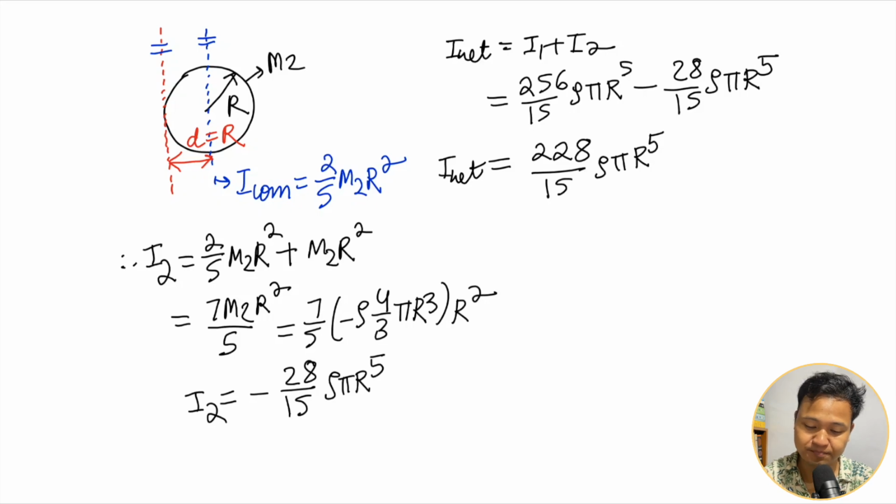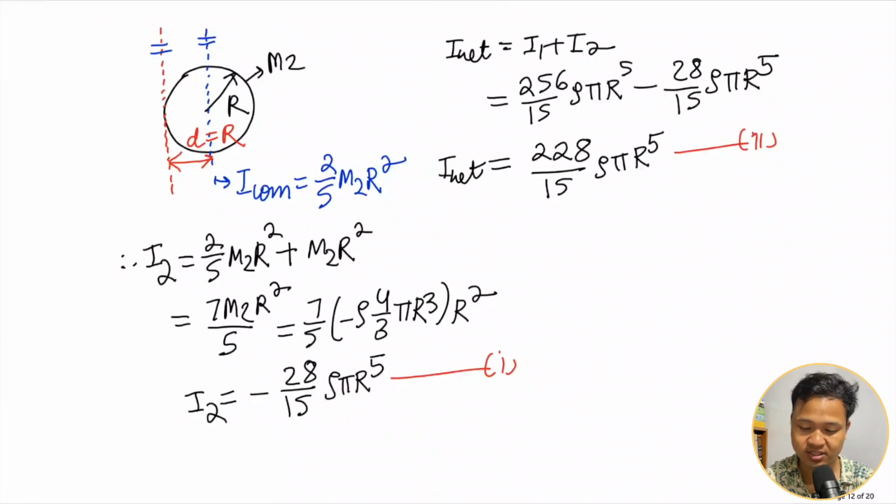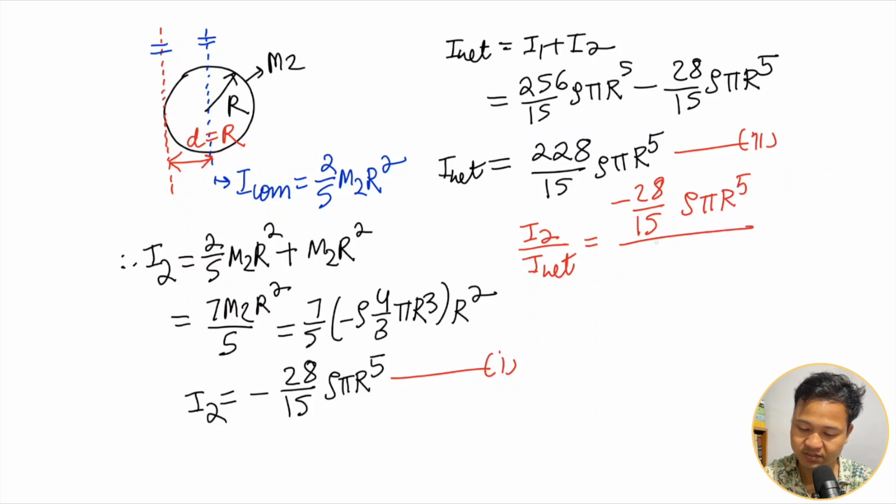So the ratio is equation number 1 divided by equation number 2: the smaller sphere divided by the rest part, I2 divided by I net. That is minus 28 divided by 15 rho pi r power 5 divided by 228 divided by 15 rho pi r power 5.